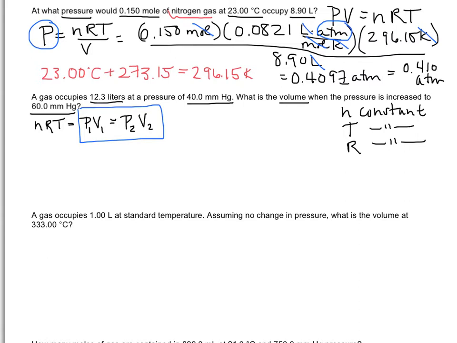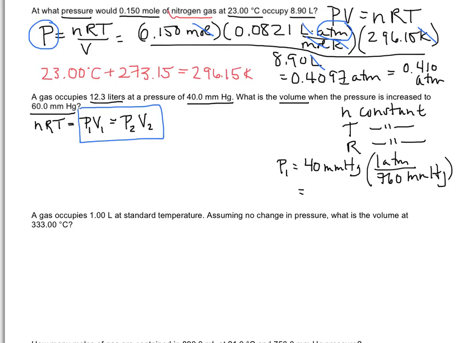So I'm going to say that pressure 1 is equal to 40 millimeters of mercury. And to convert that to atmospheres, I'm going to say there's 1 atmosphere per 760 millimeters of mercury.